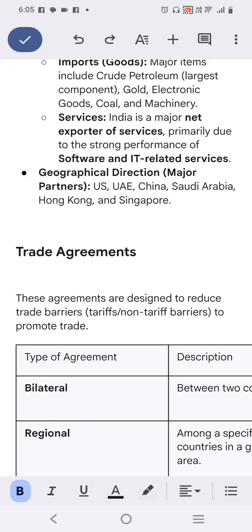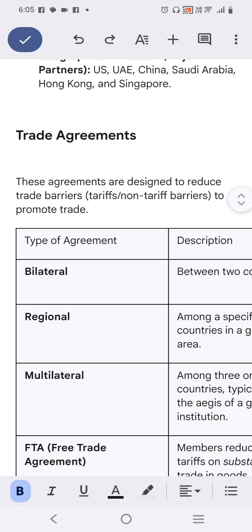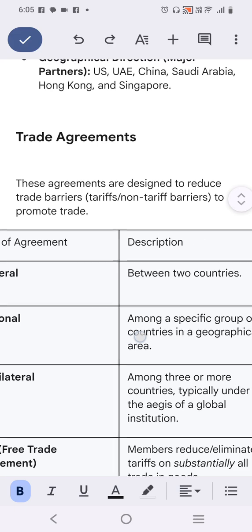Now, geographical directions, major partners: US, UAE, China, Saudi Arabia, Hong Kong, Singapore are the important ones. Okay, let's have a look now at trade agreements. These agreements are designed to reduce trade barriers, tariffs, and non-tariff barriers to promote trade.